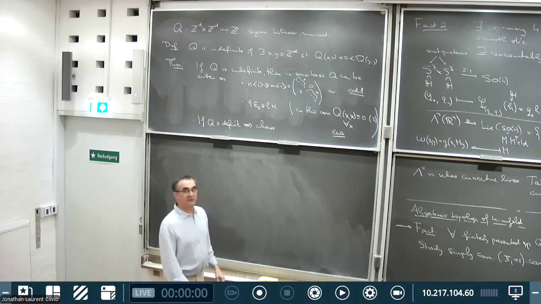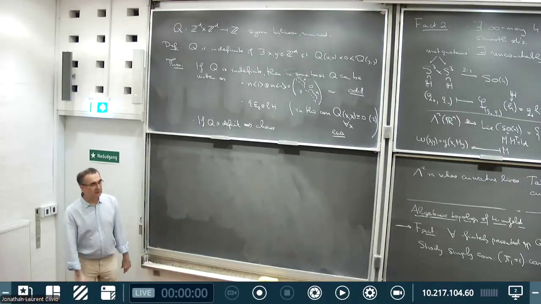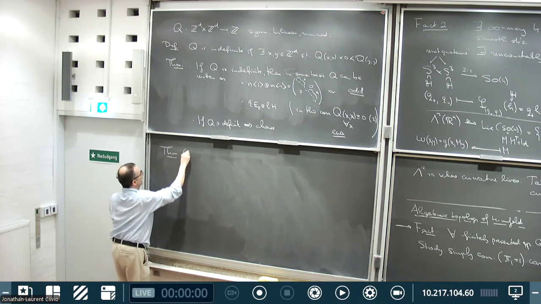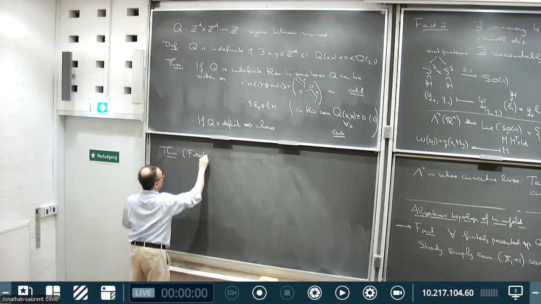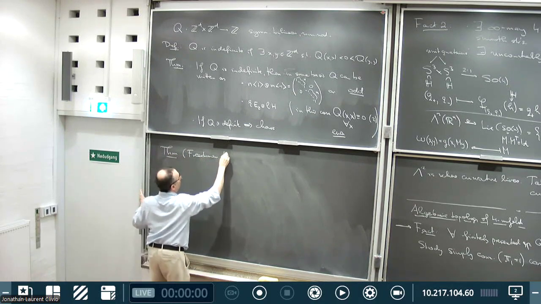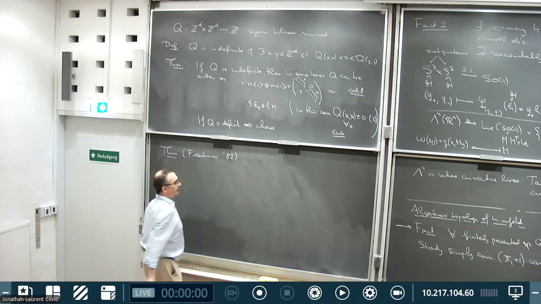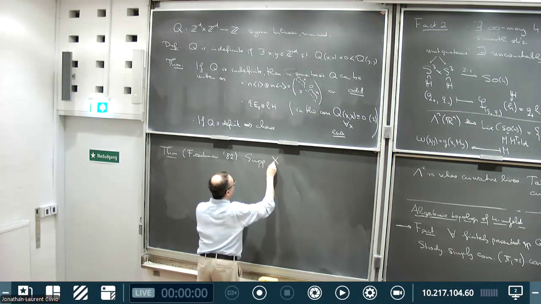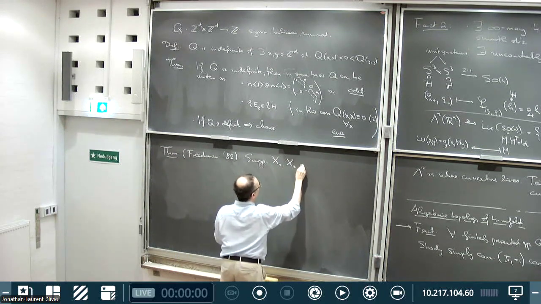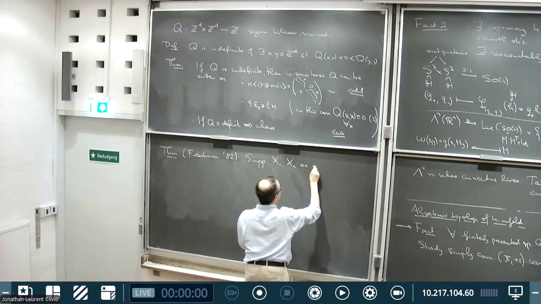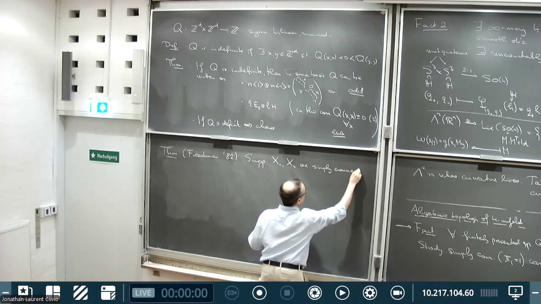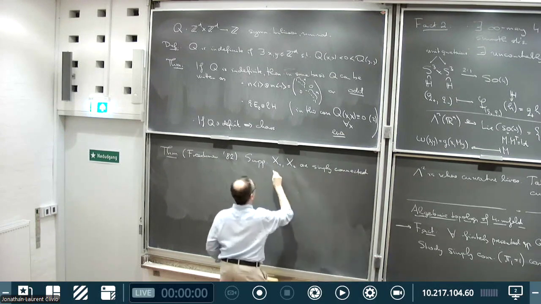So why are we so hooked on the intersection form? It is this famous theorem of Freedman, '82, saying that suppose X1, X2 are two simply connected smooth four-manifolds.